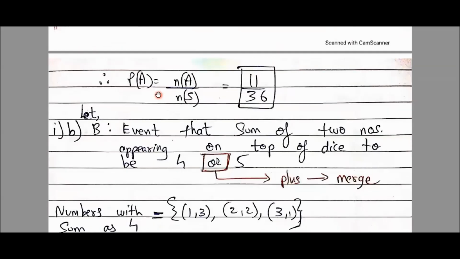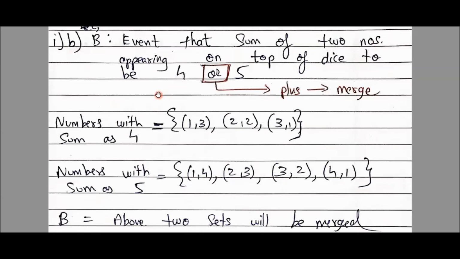First I'll form this event. Let's take capital B now. Let B be the event that the sum of the two numbers appearing on top of the dice is 4 or 5. Or means plus, meaning we need to merge it. We will merge both of them, the one with 4 and the one with 5.